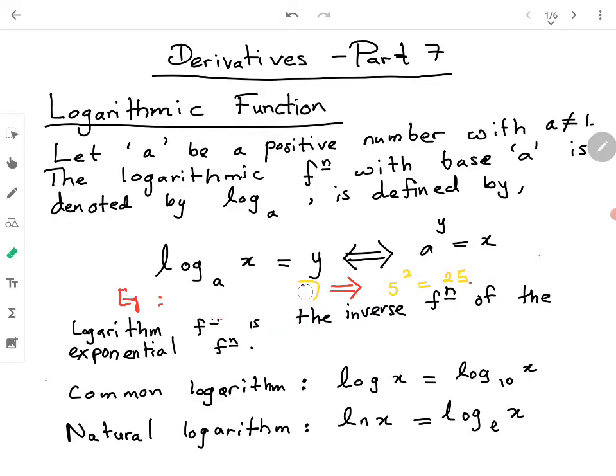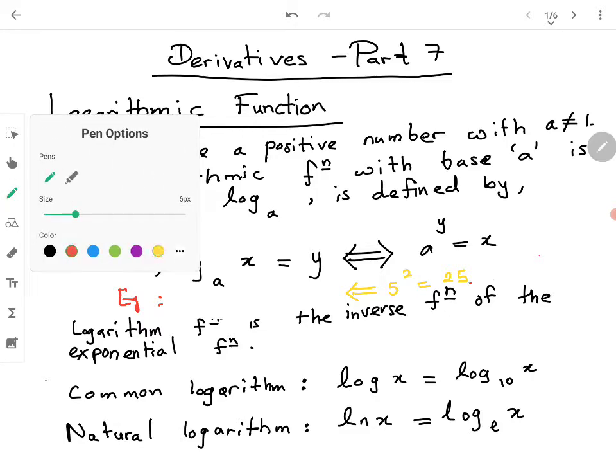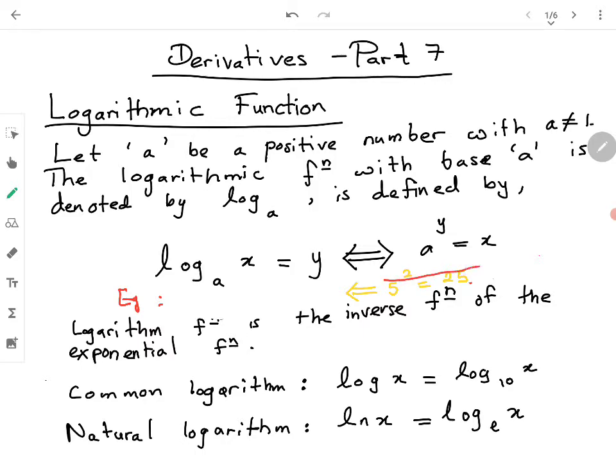And similarly, you should be able to do it in the other direction. You are given the exponential form, then you should be able to write down the log form. It's very easy to do this. For the exponential form, look at the two numbers on the same line, 5 and 25.